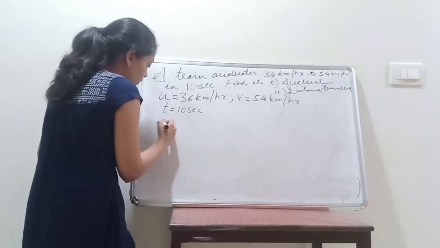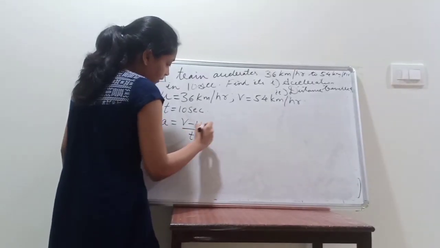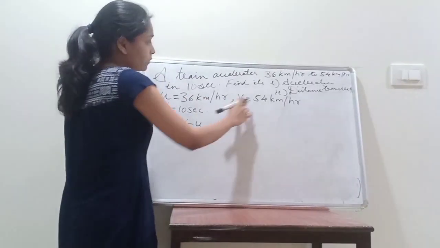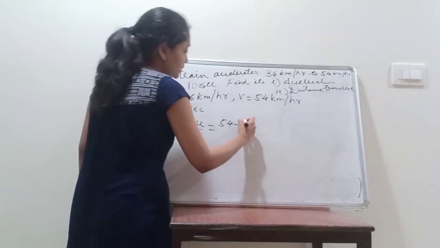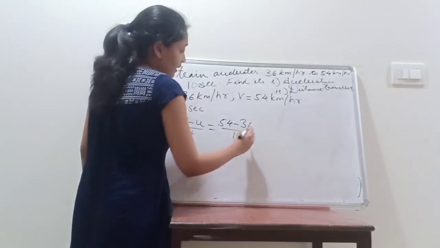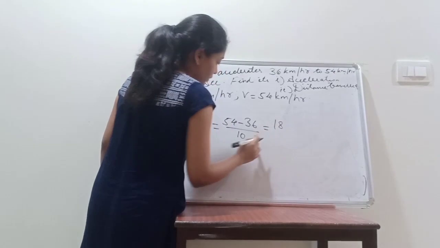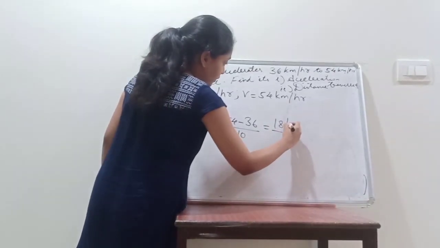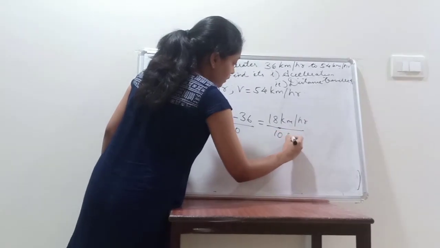We know that acceleration is given by change in velocity by time. So here final velocity is 54 and initial velocity is 36, by time is 10 seconds. This will be 18 km per hour and time is 10 seconds.